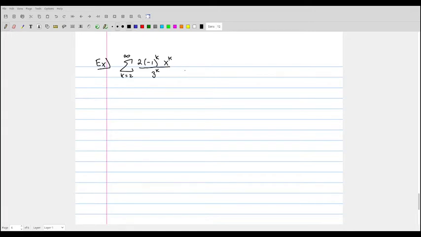This is the same thing as the series from 2 to infinity of 2 times -x over 3, all raised to the k power, which is the same thing as a geometric series, starting at k equals 2, of 2 times r to the k, where r is equal to -x over 3.